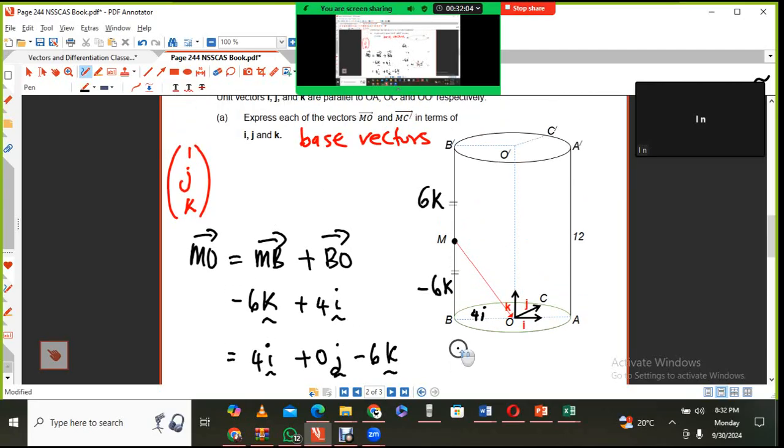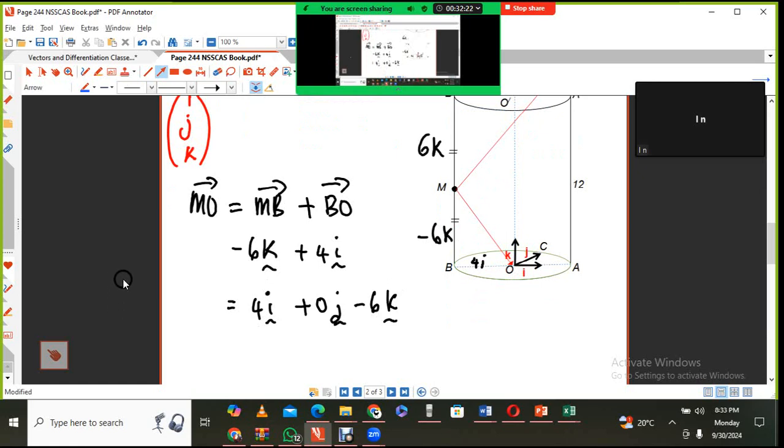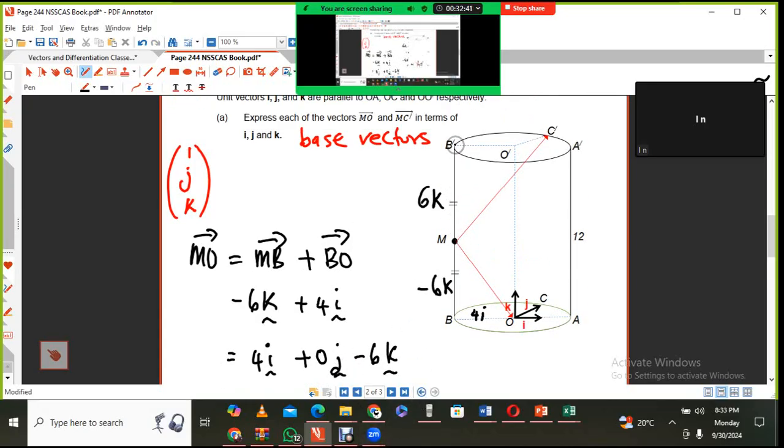The next one they want us to find is M to C. So it's from here to C prime. Are you following? Yes, sir. To go from M to C, MC would be MB, but B dash B prime, meaning I'm going from here all the way up to there.